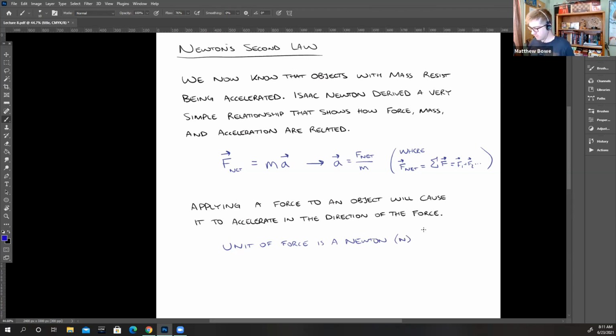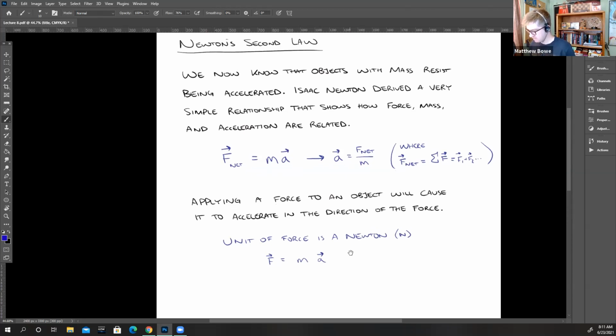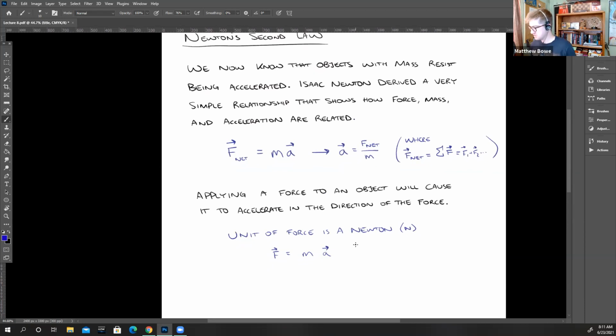But for force, say I write down F equals ma again. This is simply 1 Newton is equal to 1 kilogram times 1 meter per second squared.